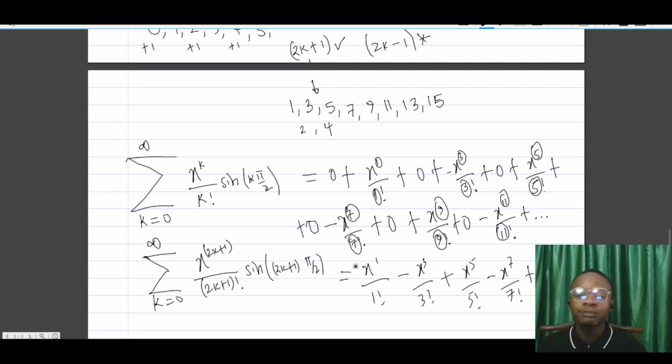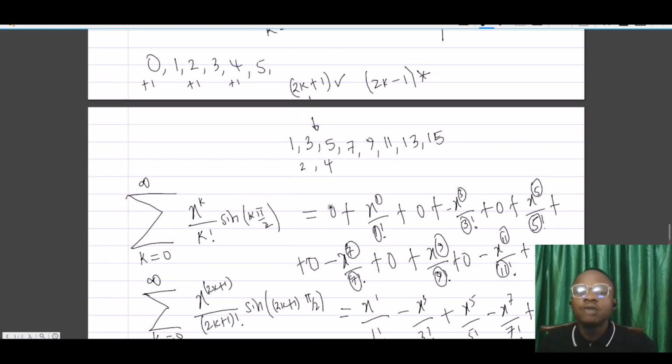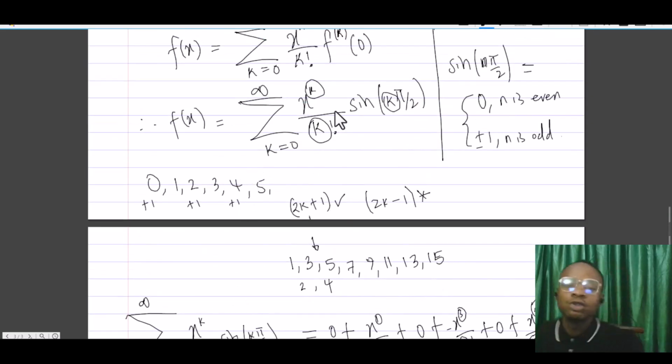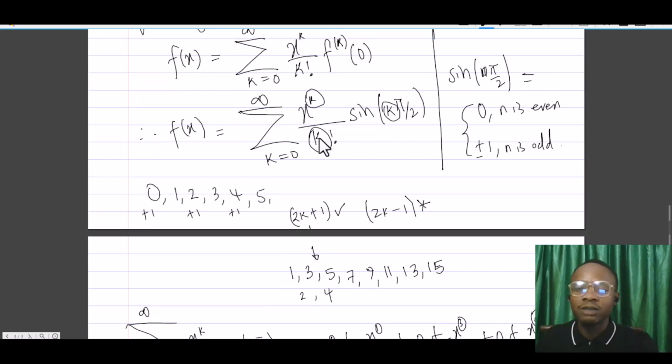So effectively, using this expression 2k plus 1 instead of k will help us ignore the zero terms, so we don't have to bother about them. We are effectively saying that this expression here will be equal to this expression, since we are very certain that whenever it is even, this sine part will make everything become 0, right? So that is what we are driving at here. So we use 2k plus 1 up here and also use 2k plus 1 down here.